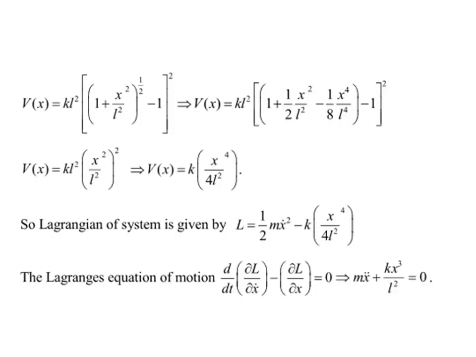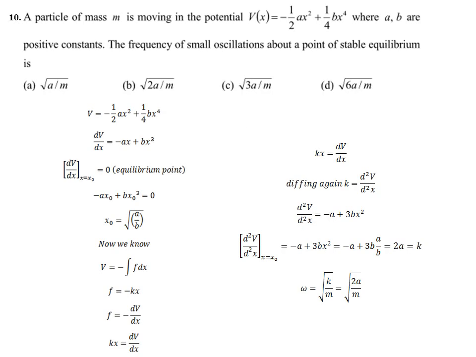It is very clear that we have only taken the second order expansion of the binomial, which is sufficient to explain the result. So potential is V equal to k x raised to 4 by 4L square. Substituting this value in the Lagrangian and finding Lagrange's equation of motion, we get m x double dot plus k x cube by L square equal to 0.